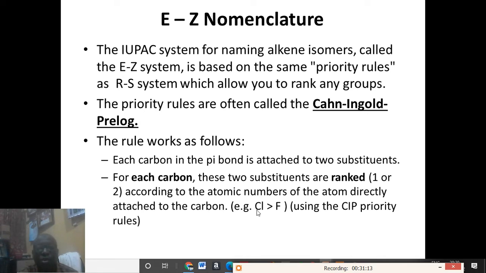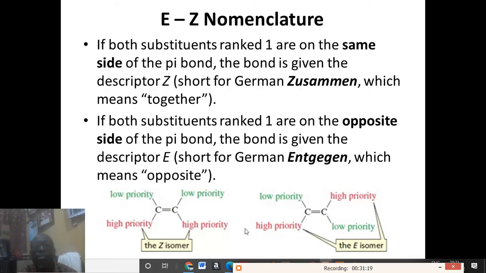For example, chlorine is greater than fluorine, using the Cahn-Ingold-Prelog priority rules. If both substituents ranked 1 are on the same side of the pi bond, the bond is given the descriptor Z. This Z is short for the German word zusammen, which means together.